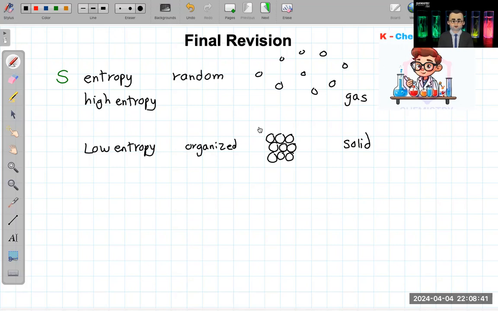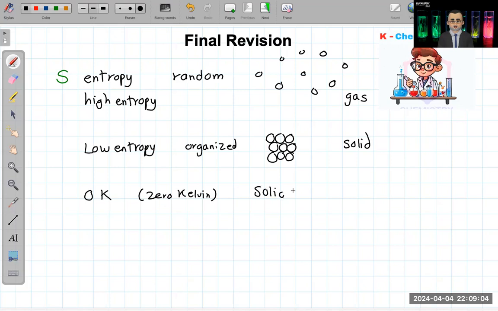Zero entropy happens when the system is at 0 Kelvin, and we have known from grade 10 that 0 Kelvin is an imaginary degree, in which the system reaches a temperature of almost minus 273 degrees centigrade. This is not practically found, but we'll say that it is very well organized.